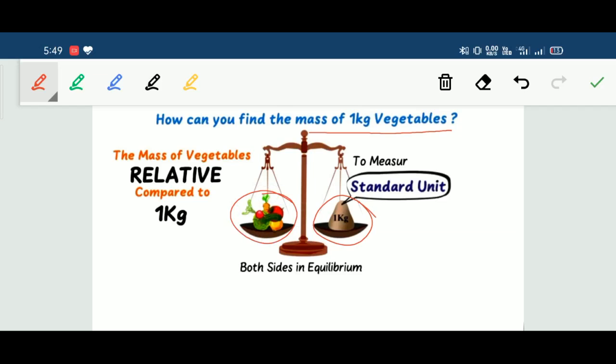In this example, this stone is considered the standard unit because it is used for calculating the mass of the vegetables, and the mass calculated using this stone will be considered the relative mass of the vegetables. So students, similarly, for calculating the atomic mass, we have to take some standard unit which can represent one atomic mass unit. So let's discuss what that standard is.